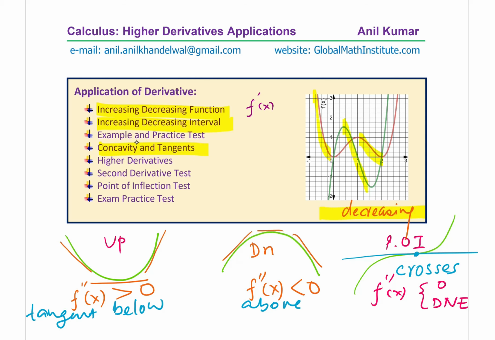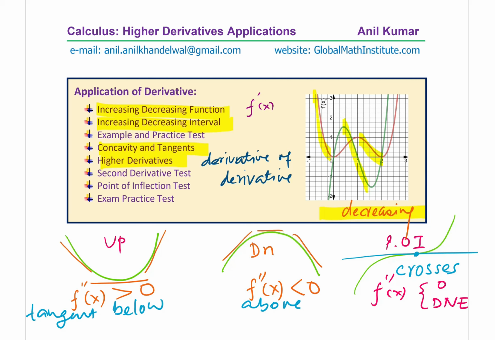Now, you also realize that derivative is a function. And so you can have derivative of derivative. And that is what we mean by higher derivative, right? So we are saying derivative of derivative, right?